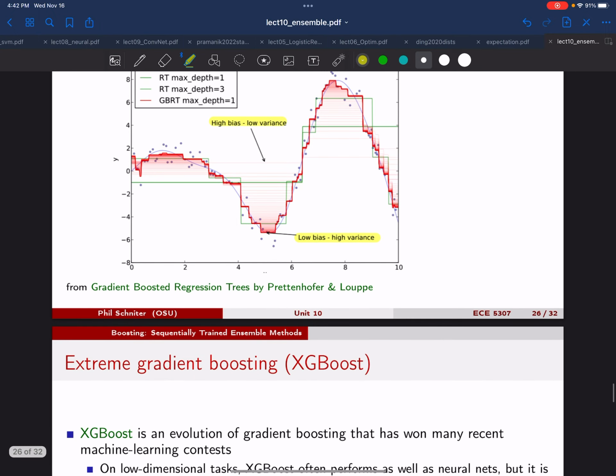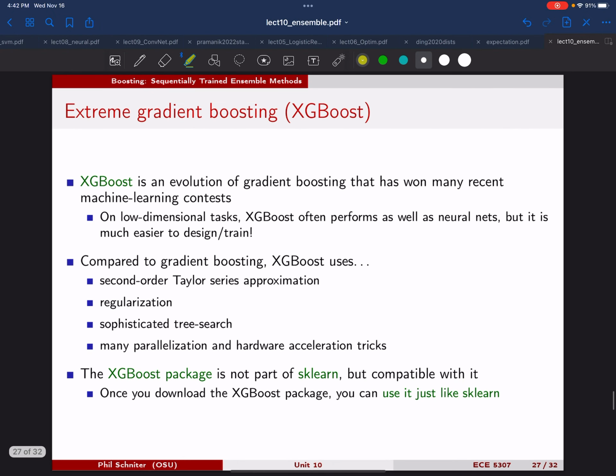Nice technique. What people use in practice nowadays is something called extreme gradient boosting, which is just an evolution or improvement of gradient boosting. This thing is famous for winning many machine learning contests. These are for low dimensional data. I'm not talking about images and so on, but if you have something with dozens of features, maybe hundreds of features, XGBoost is one of the first things people will try.